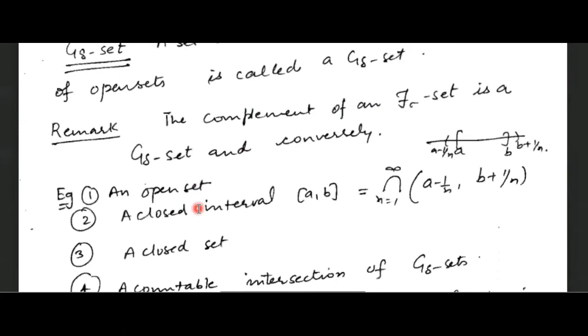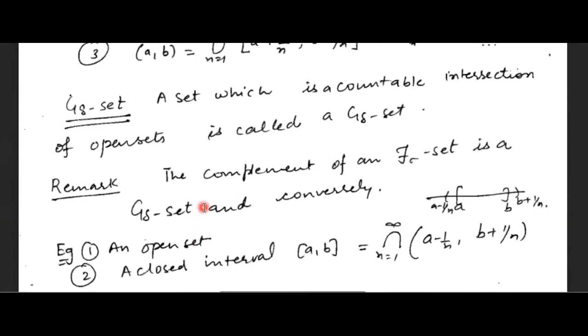Since we know that a countable intersection of open sets need not be open, it means a G delta set is a set which can be written as a countable intersection of open sets. It doesn't mean that a G delta set is always an open set, right?